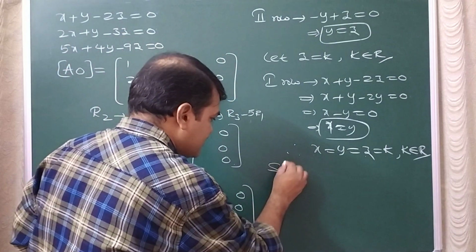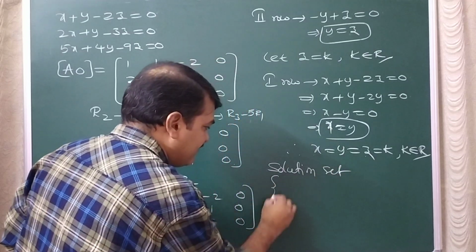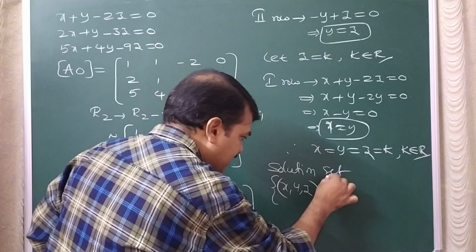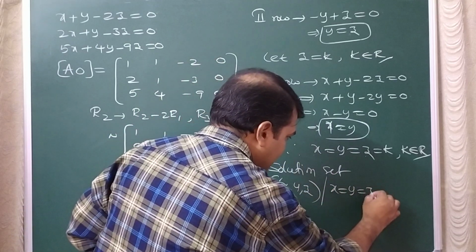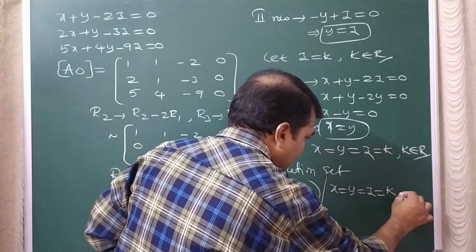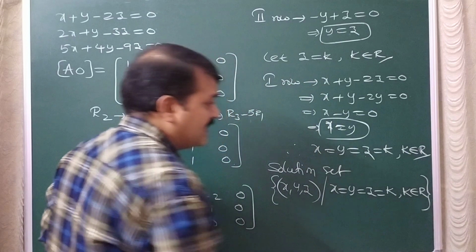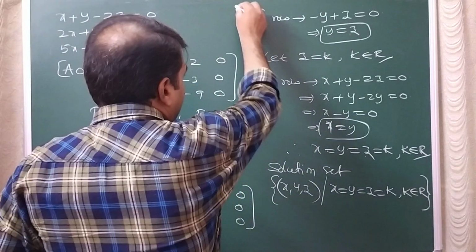Okay, so what is the solution set here? The solution set we will write as all those (x, y, z) such that x is equal to y is equal to z is equal to k, where k belongs to R is some real number. So we can write the solution set like this.